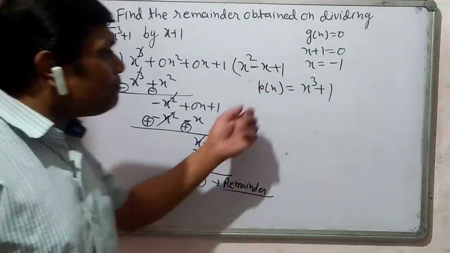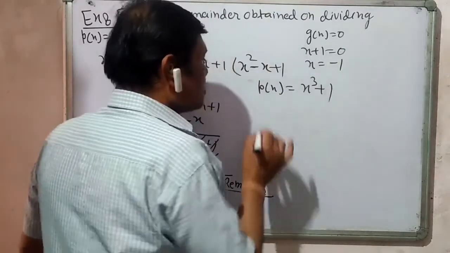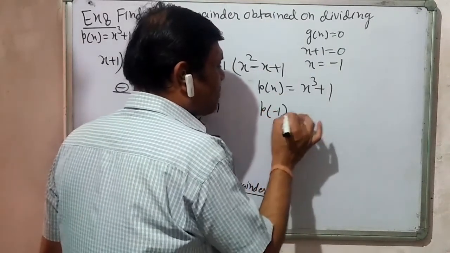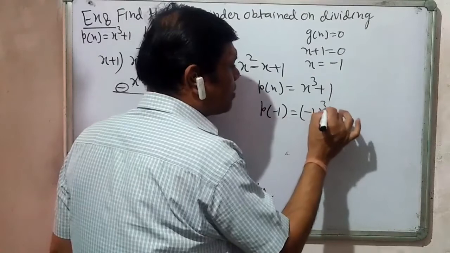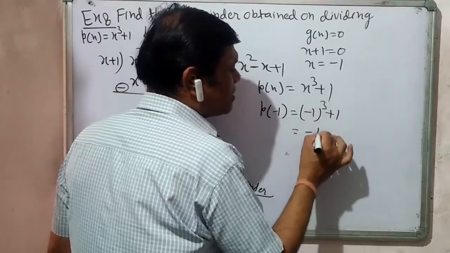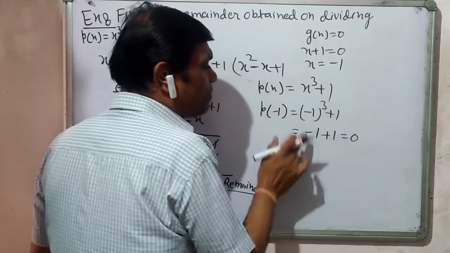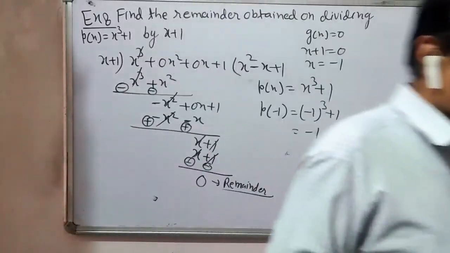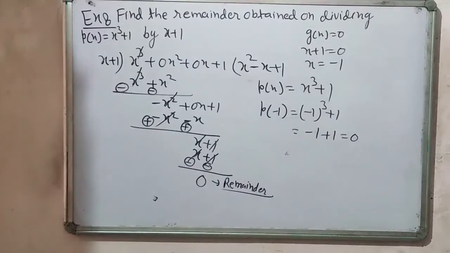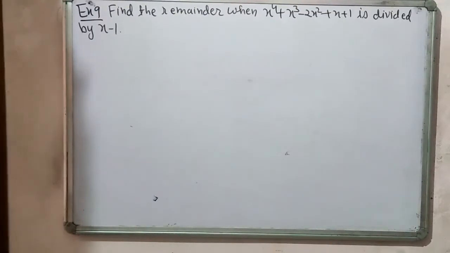Let us put minus 1 in place of x. So p of minus 1 is minus 1 cube plus 1. Minus 1 cube, an odd power, gives us negative. So this way we are able to verify the remainder theorem also in this case.